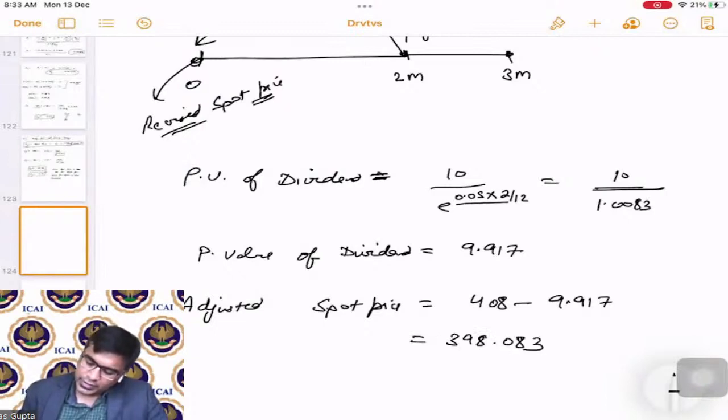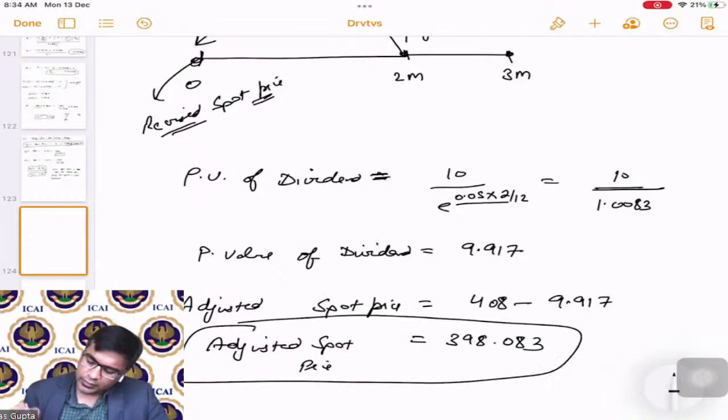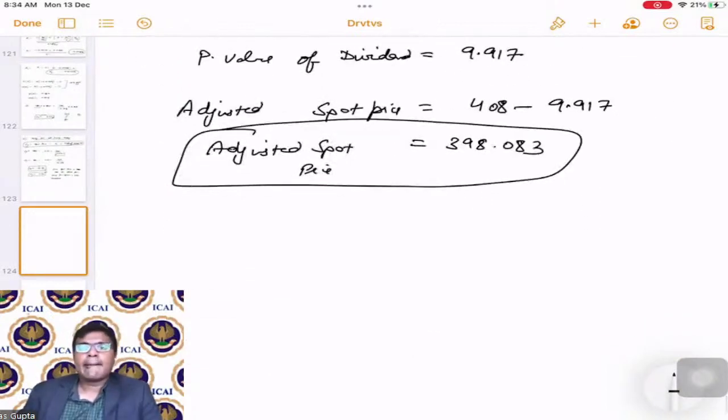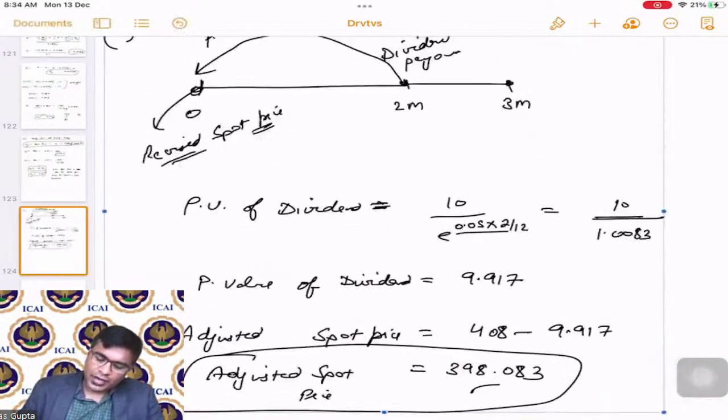This is the adjusted spot price, because from the exact spot price we have reduced the present value of dividend. Now, this spot price will be used in D1 and D2 in the Black-Scholes model to calculate the value of call option. So that part we will solve after the break.